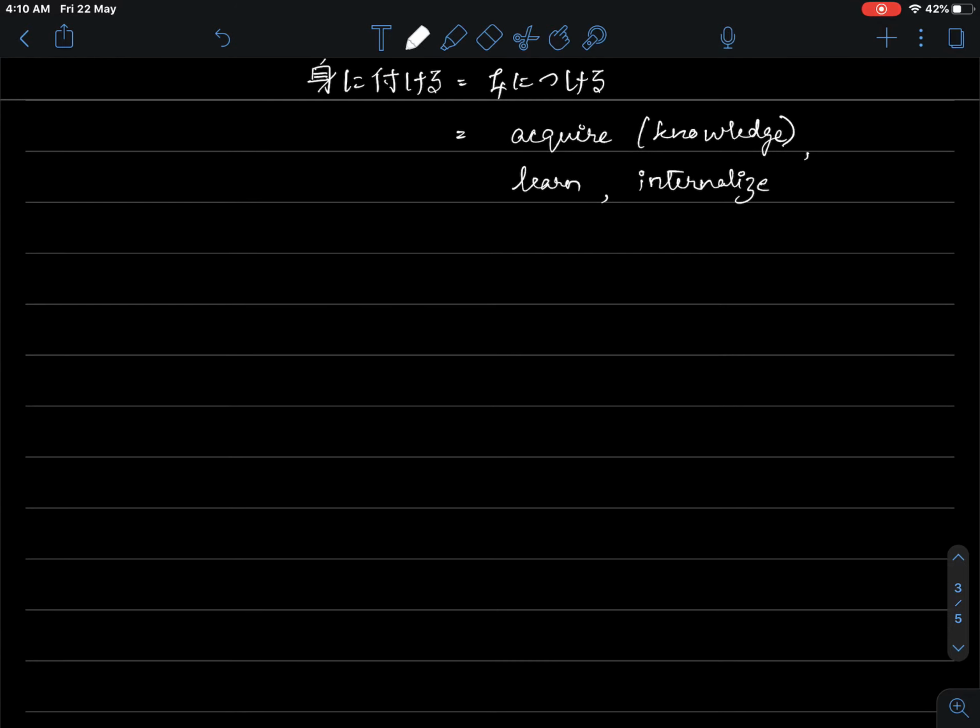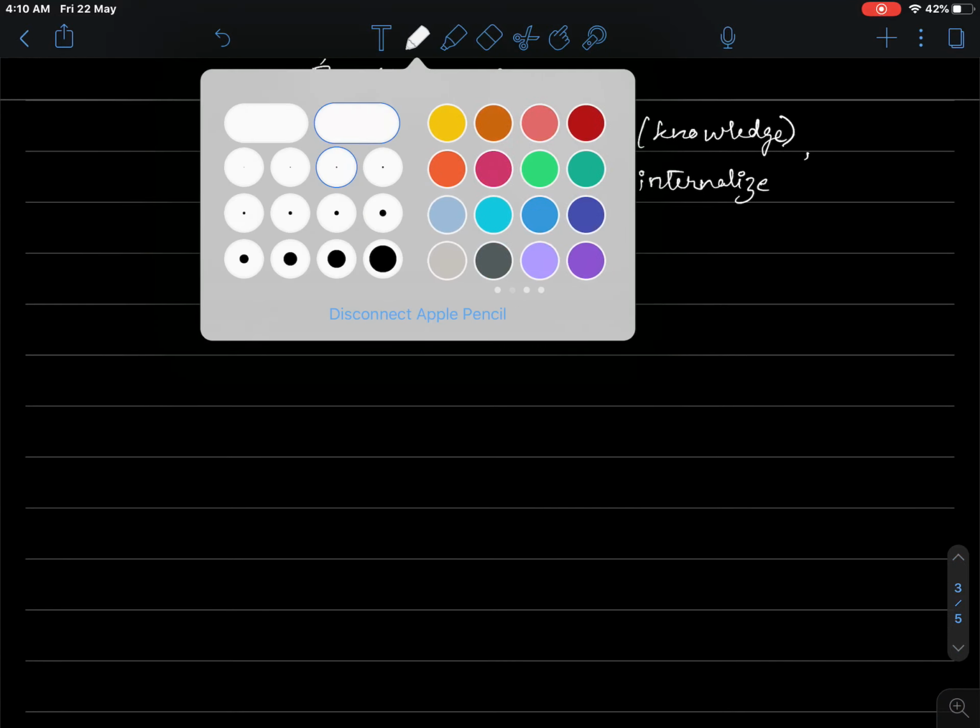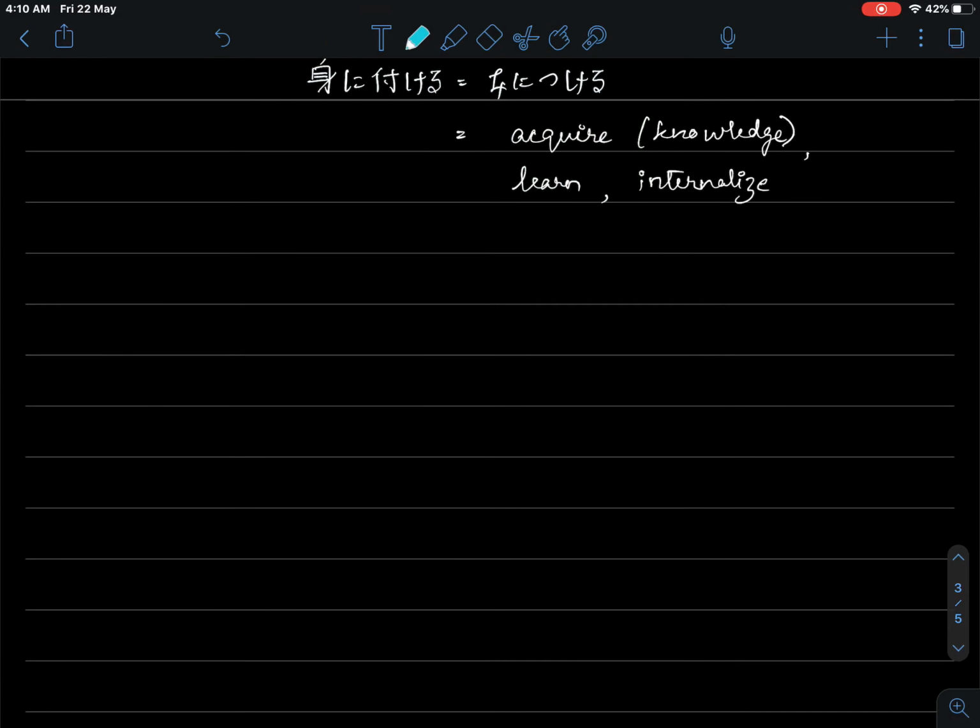Okay, now let's look at the next kanji, which I think is 65. I think this session is going to be my longest yet, and I apologize for that. Okay, this is how that looks.